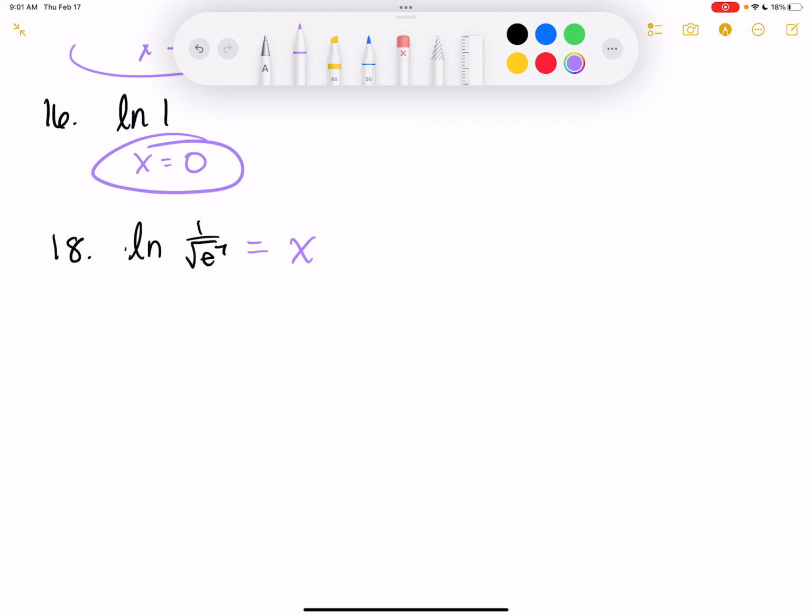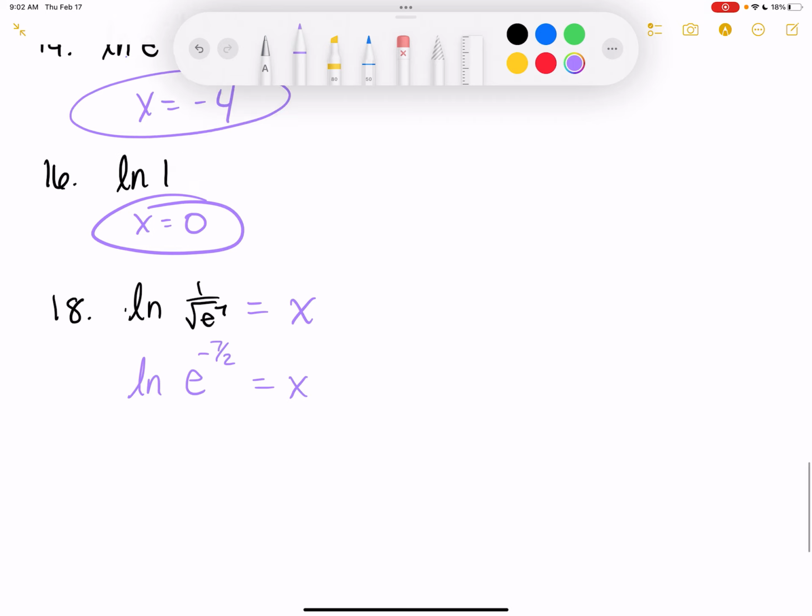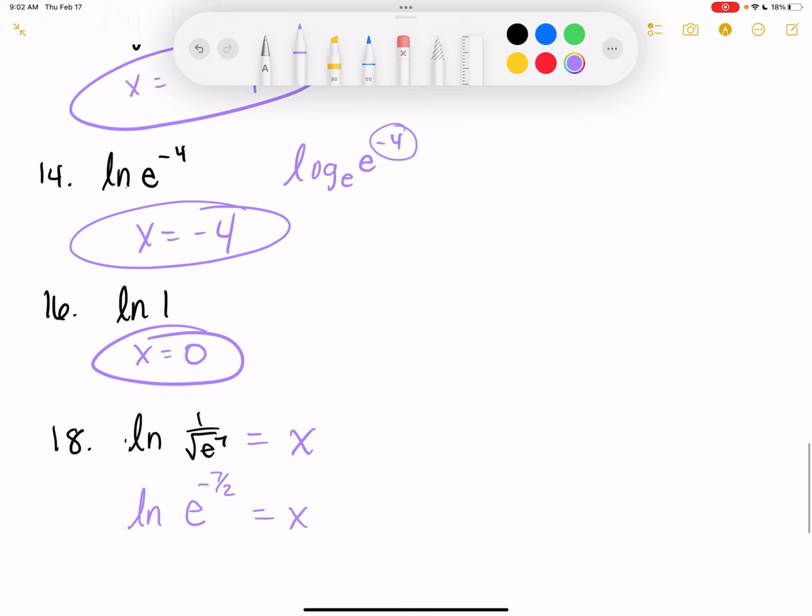It's to the 1 over 2. So this is the ln of, and because it's on the bottom, what do I need to do to the exponent to move it to the top? Make it negative. So it's going to be e to the negative 7/2 is equal to x. Now, this one looks a lot like 14. So x equals negative 7/2.